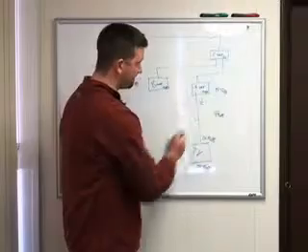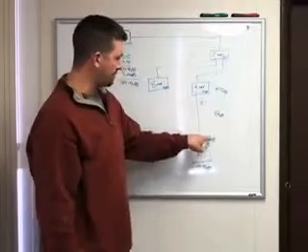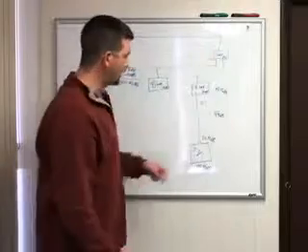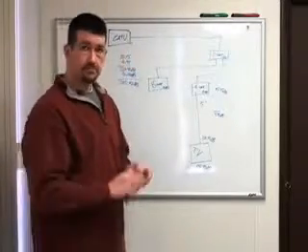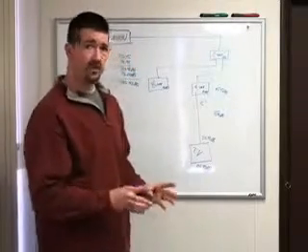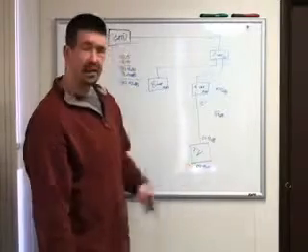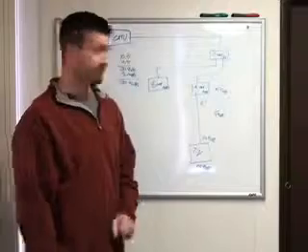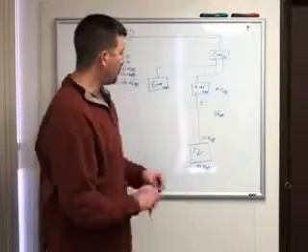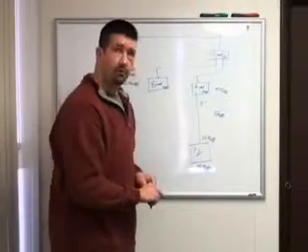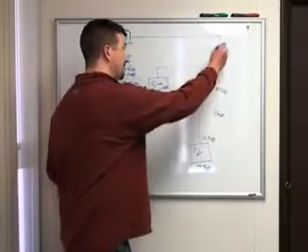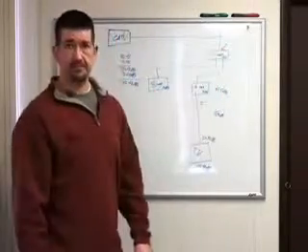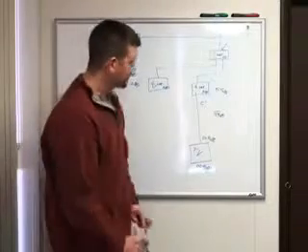We add that to the 15.5, which gives us the 20.41. That's the loss between the input of the 2-way and the TV. We said that we want to have 5 dB at our TV, so we added another 5 dB onto that 20.41, which is 25.41. So when we put a 25.41 dB signal into the input of our two-way splitter here, it's going to give us 5 dB at that TV.